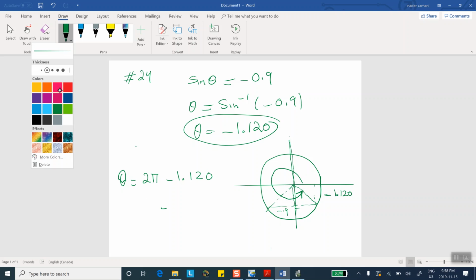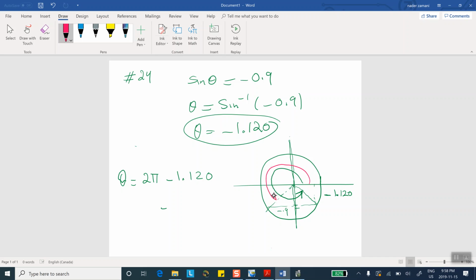And the other one is going to be like this. You go here, and then you stop there. So theta is equal to pi plus 1.120.